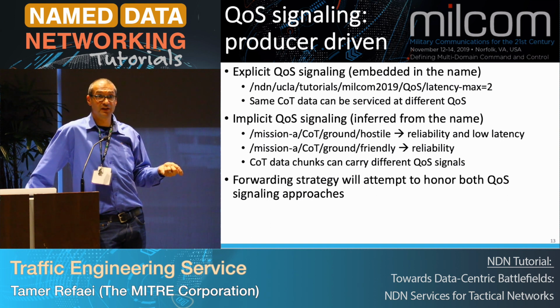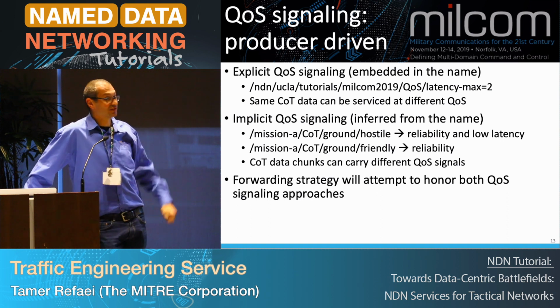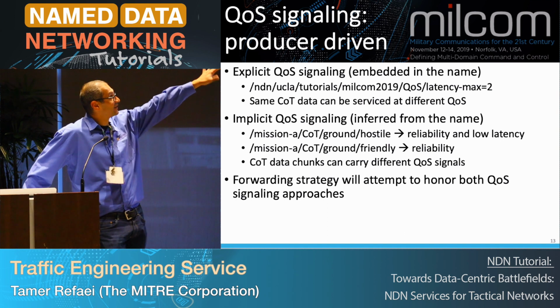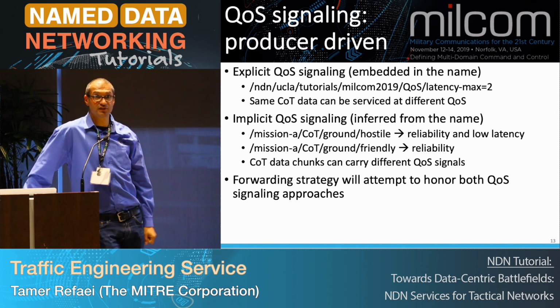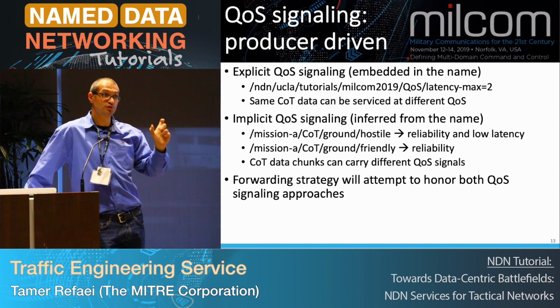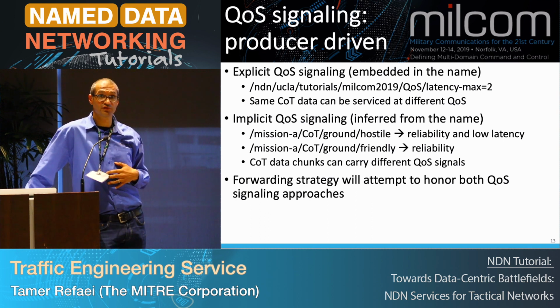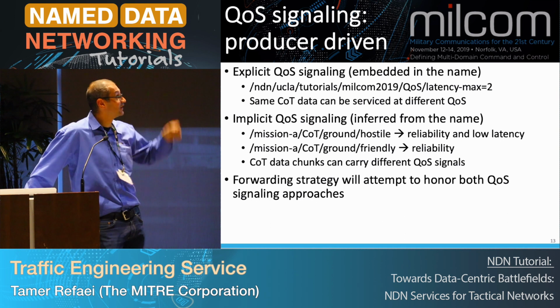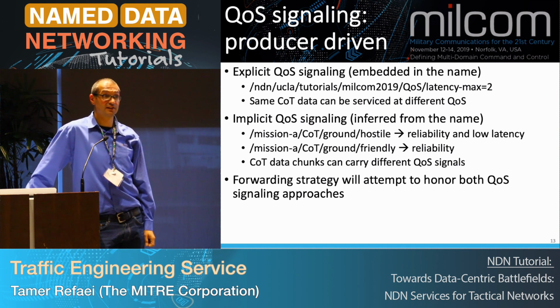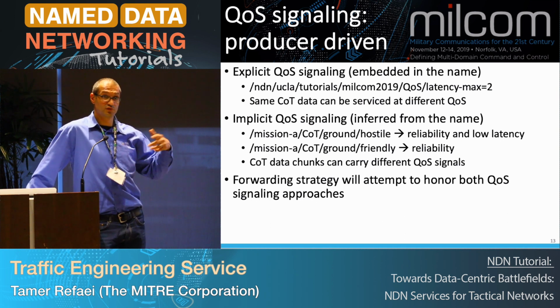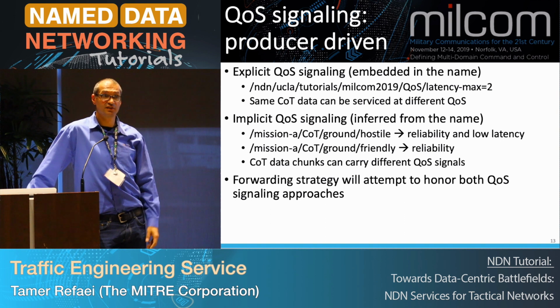So I could put something like this, where the name of the packet is really only the first 5 components of the name, but the last piece you use to infer what level of quality of service you're providing. So here it says latency max 2 seconds, or 2 milliseconds, right? In this case, the forwarder would look at that requirement and ask, how do I forward this? Can I do that? I'm going to try to honor it as much as I can.